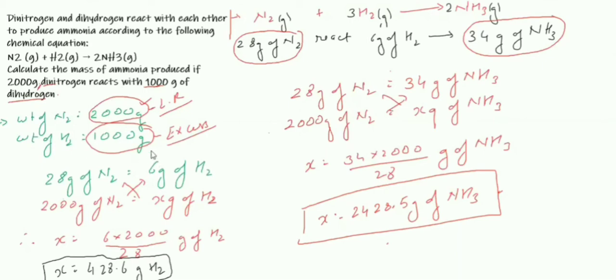And please remember, here hydrogen was in excess, so some may be left unreacted during the reaction, because only 428.6 grams of hydrogen is used, or you can say required. The rest is unused and can be obtained at the end of the reaction. Hope you all understood. The next topic.